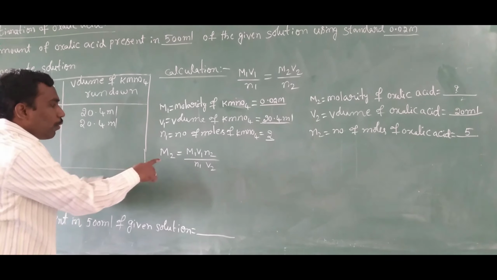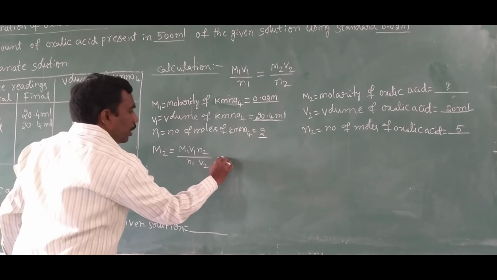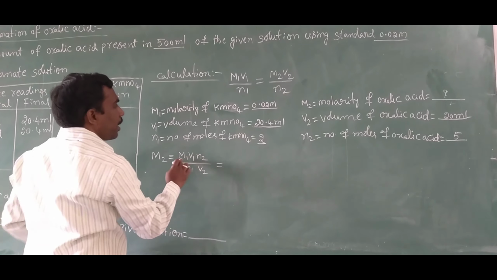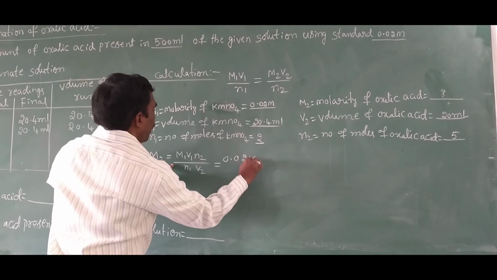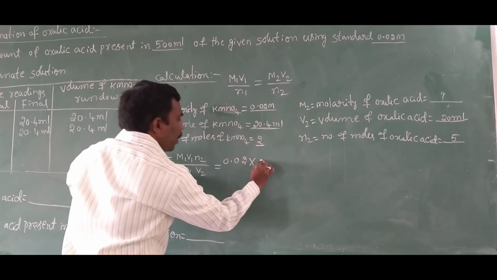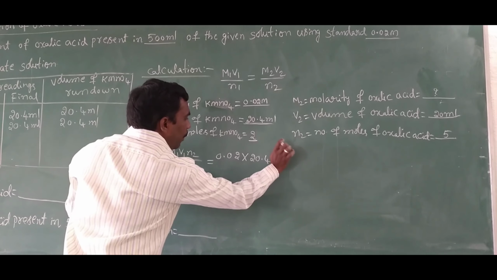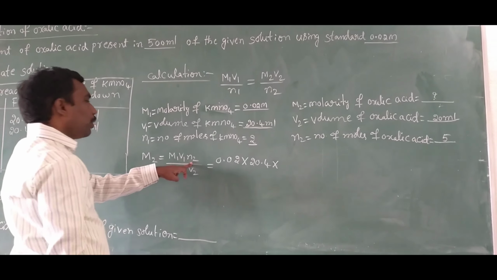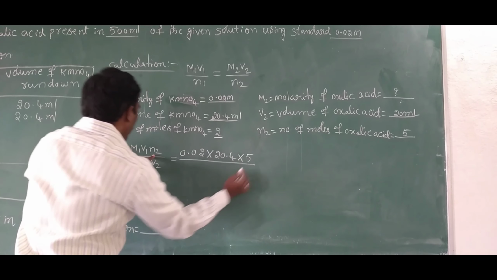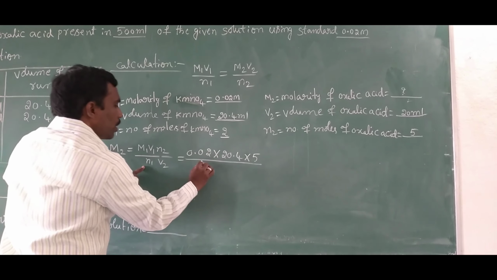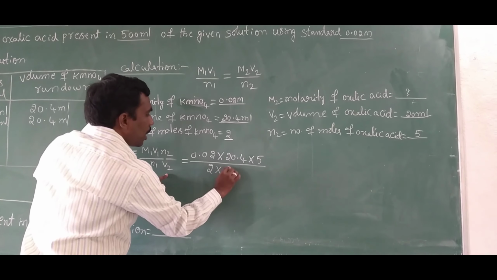Now substituting all the values here: M1 is 0.02, V1, the volume of potassium permanganate obtained after the titration, is 20.4 ml, N2, the number of moles of oxalic acid, is 5, divided by N1, the number of moles of potassium permanganate, and V2, the volume of oxalic acid.